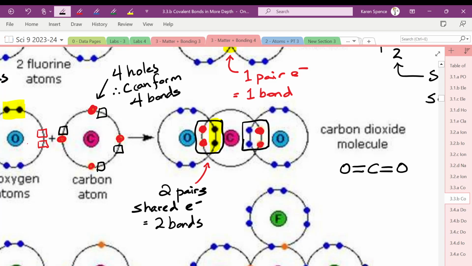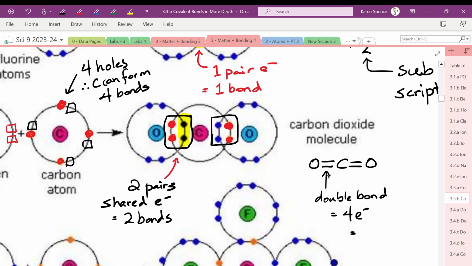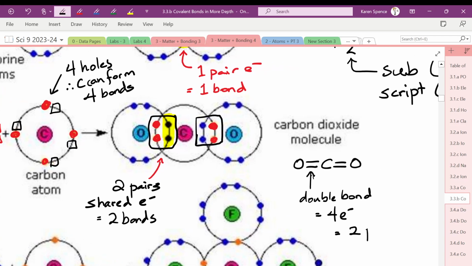So we have a double bond and a double bond. Okay, so that's a double bond. It's 4 electrons. It's 2 pairs of electrons.